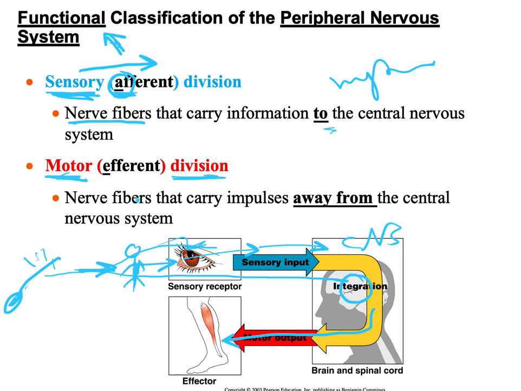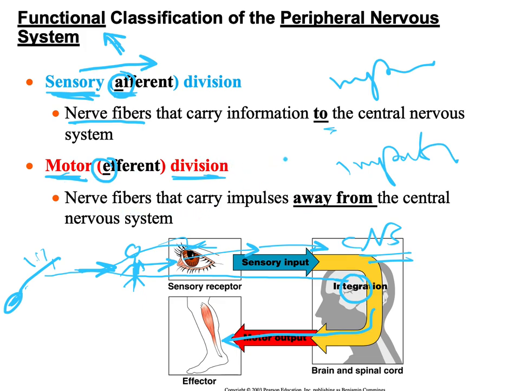These nerve fibers are efferent fibers. That means efferent carry orders, impulses from the central nervous system toward the periphery, or away from the central nervous system. And this is important. So we call them efferent nerve fibers or motor division.